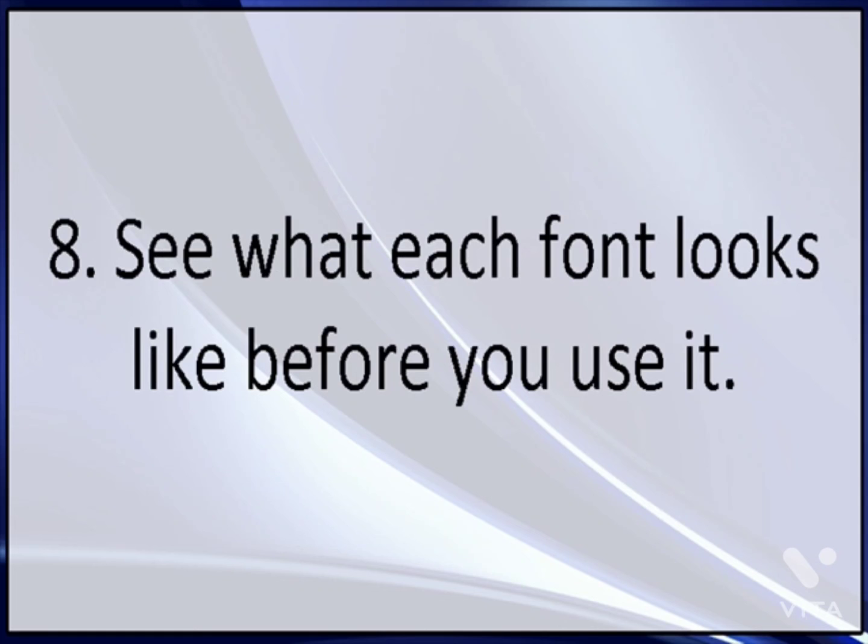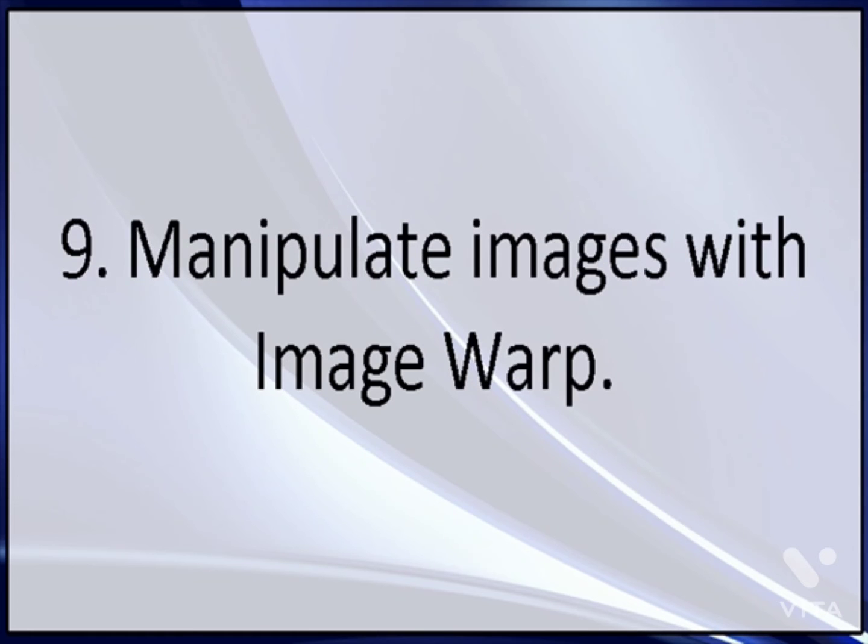8. See what each font looks like before you use it. Photoshop gets a "what you see is what you get" font drop-down menu. Now you don't have to keep text highlighted while you cycle through all the fonts until you get to the right one. 9. Manipulate images with Image Warp.